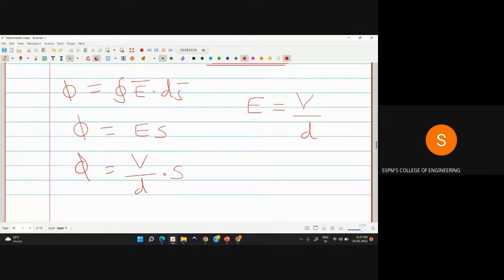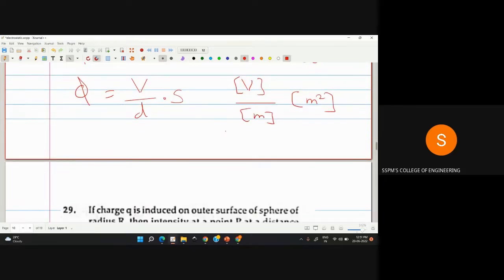Now you know the unit of voltage is volt. What is the unit of distance? Unit of distance is meter, and unit of area is meter square. So after simplifying, you will get the unit of flux. The unit of flux must be voltmeter. So very simple.